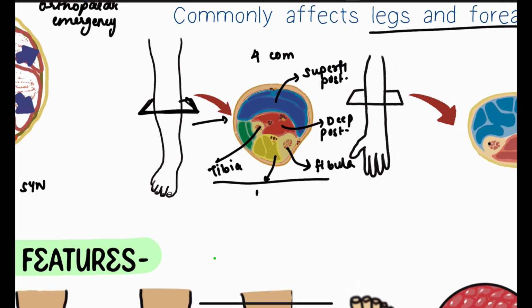The yellow one is the anterior compartment, and the green one over here is the lateral compartment. Each of these compartments contains muscles and the neurovascular bundle, that is your arteries, veins and nerves, which are going to supply these muscles with the proper nutrients.